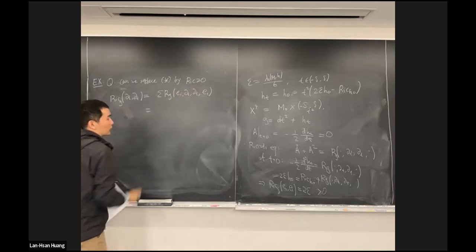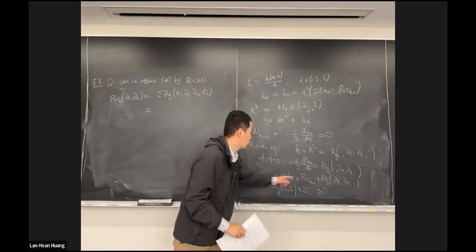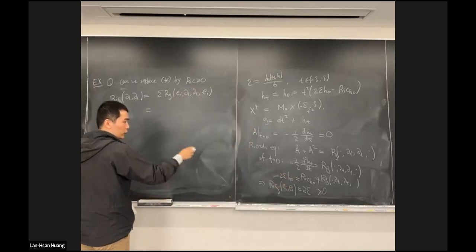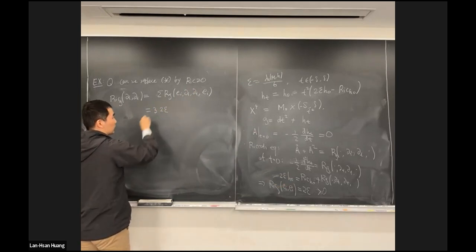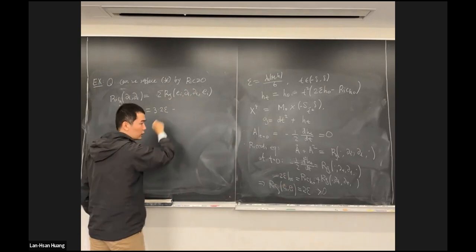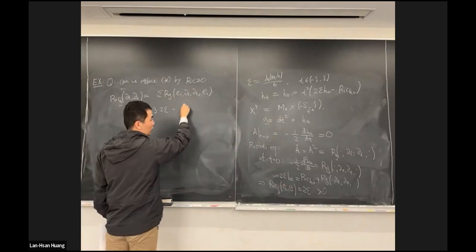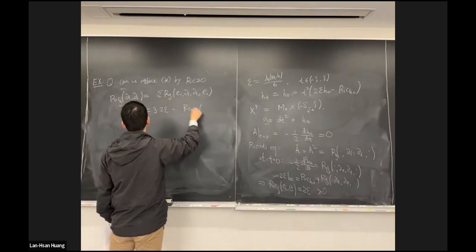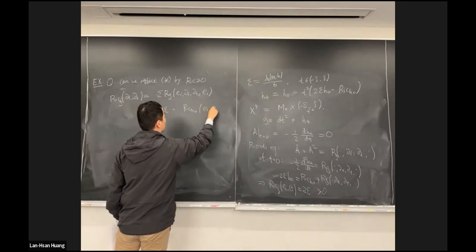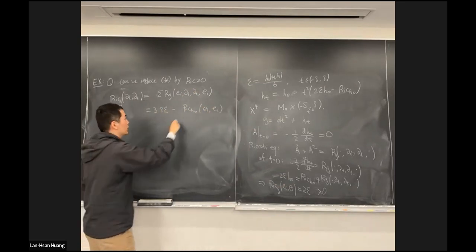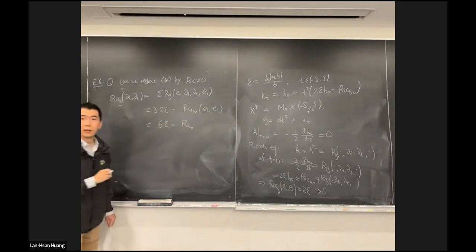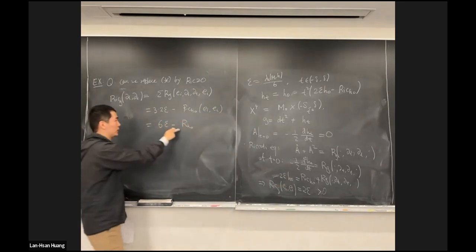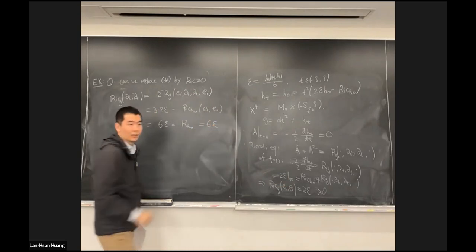So this is according to this equation here, right? So that's minus 2 epsilon repeated 3 times, okay? And subtract Ricci h0 in the ei direction, okay? So this is 6 epsilon minus the scalar curvature of h0, which we take to be 0. Okay, so this is 6 epsilon.